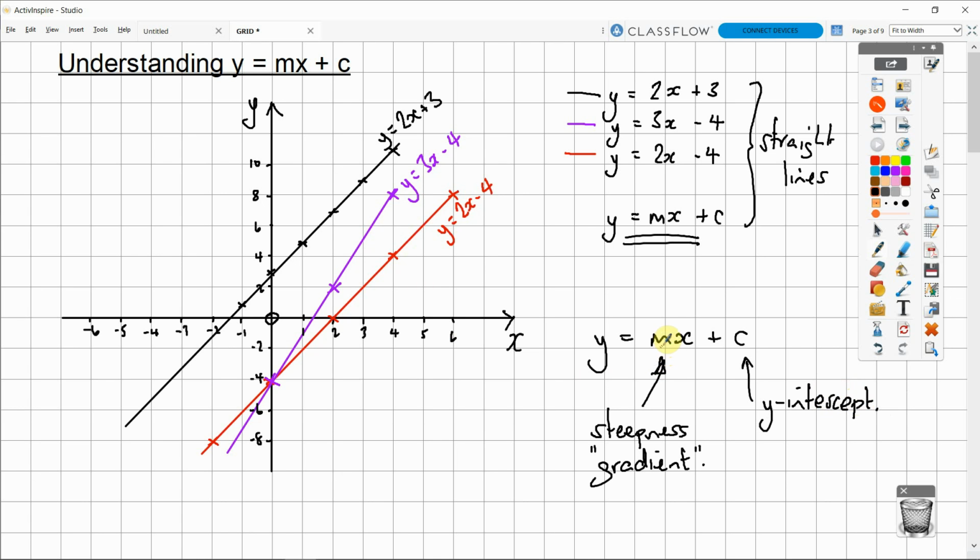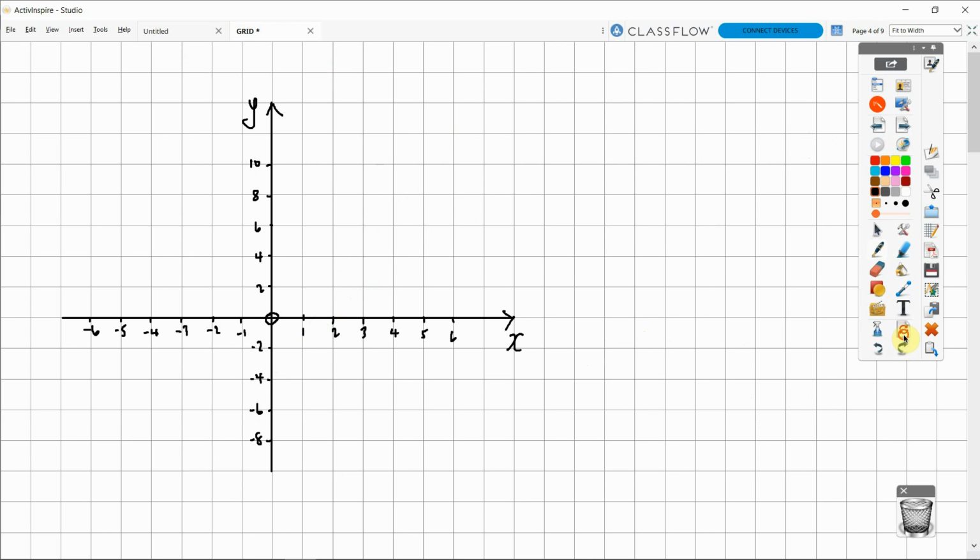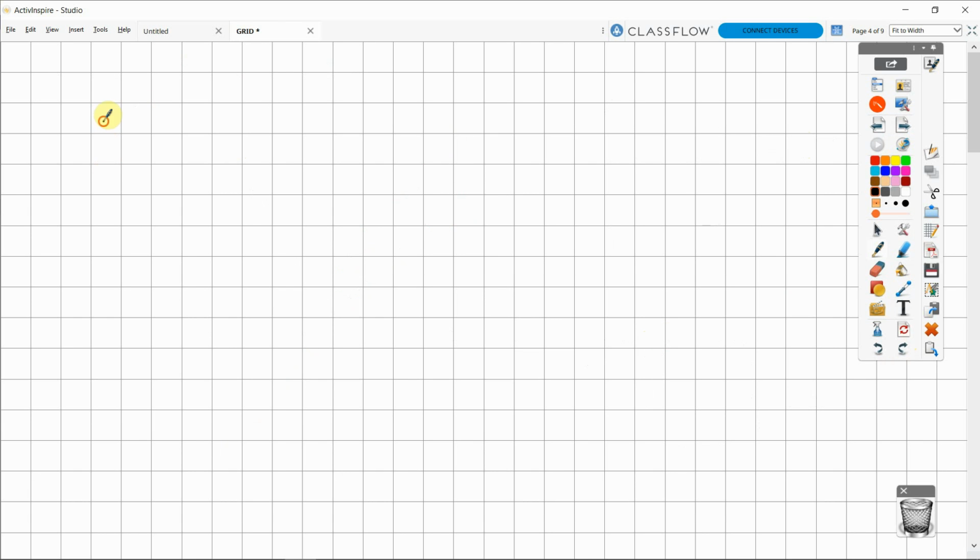And so now it's possible to look at something like this and deduce, without making a table of values, without plotting the graph, it's possible to take something like y equals 5x plus 3 and deduce what it will look like without doing all the calculations. So let's just have a think about that. Let's make up some questions to try.